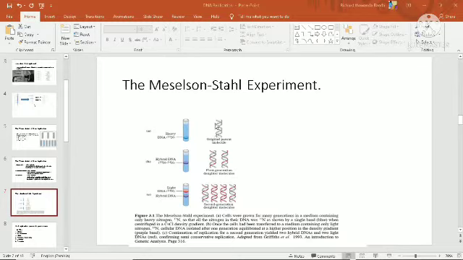So you have this strand here made of N14, then you grow it in N15 media, and the new strand, the red one shown there, would have the N15 nitrogens, whereas the old strand would have the N14 nitrogens.